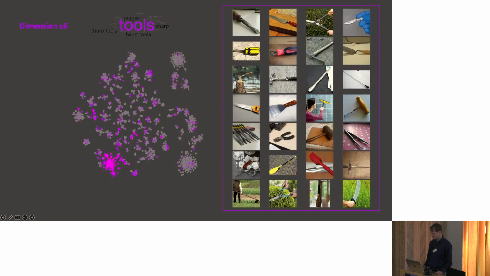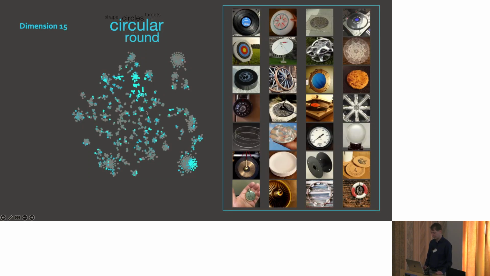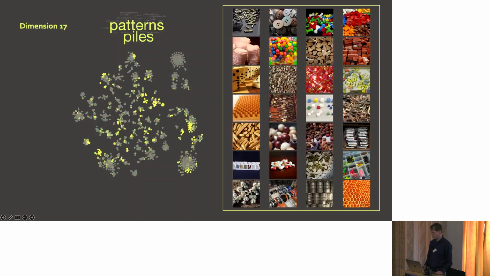This dimension seems to be more related to tools or tool-like objects, but then you get really interesting other things as well. You get something related to colors, or the colorfulness of different stimuli. You get something related to shape, like the roundness of different objects, or something a bit more fine-grained, like patterns or piles.